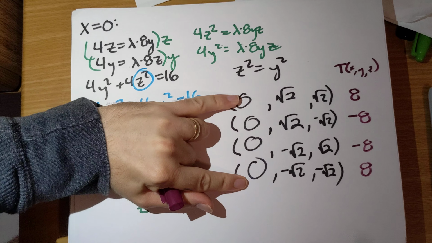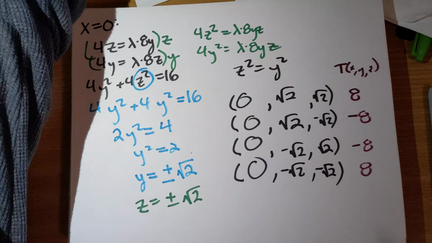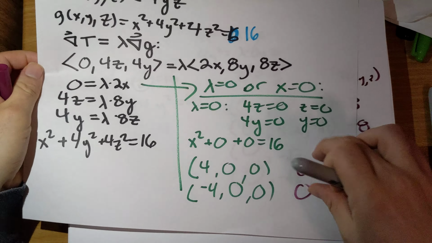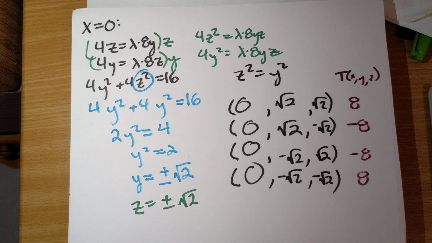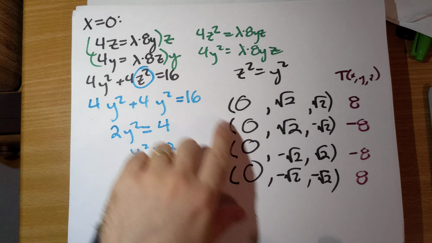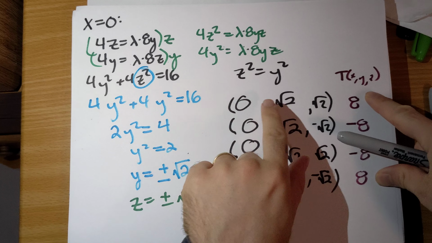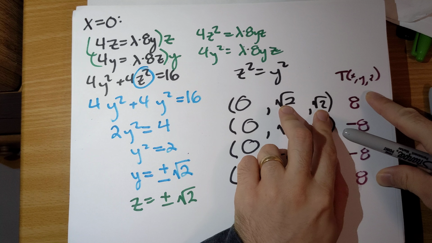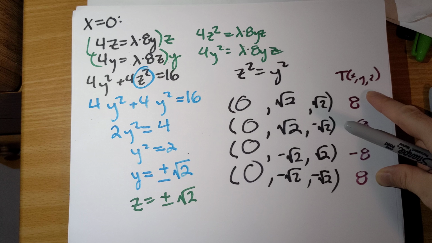So these points give you the hottest temperature, these points give you the coldest temperature, and these ones are in between. And then if you're asked for the Lagrange multiplier, just go back and reverse engineer: plug these values for y and z into this equation to solve for lambda.